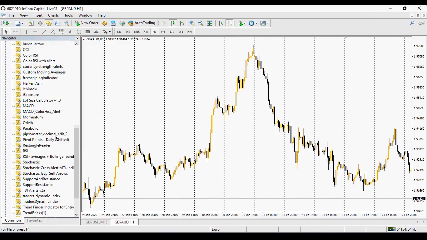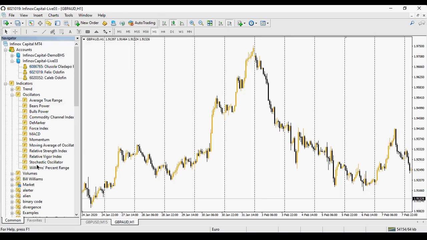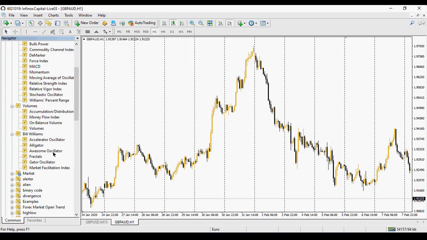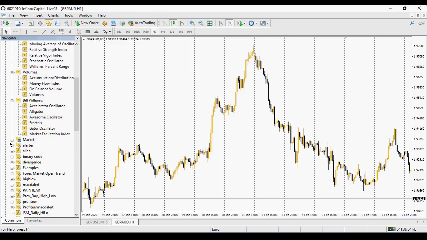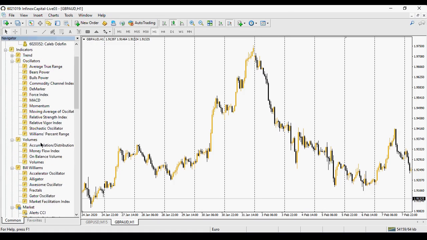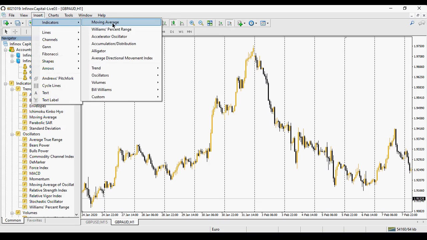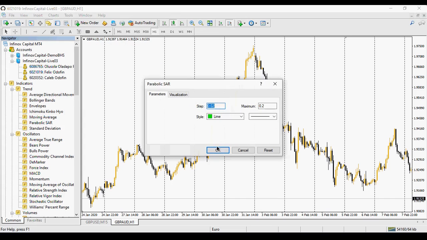Okay, I can't find it there. Let me check it. I hardly use it, so I can't believe I'm looking for parabolic SAR. Okay, it's under trend. Parabolic SAR is under trend.